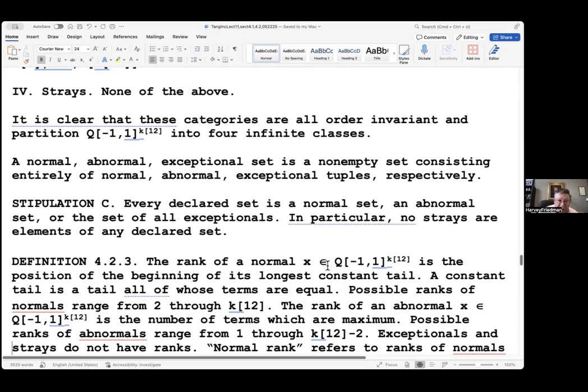So if you get into the exceptional world where the first coordinate is bigger than all the rest of the coordinates, strictly bigger, then there's only one declared set, and there's only one blocking relation, period. But the rest of them are more fluid. Except nothing blocks strays. Strays aren't elements of any declared set.